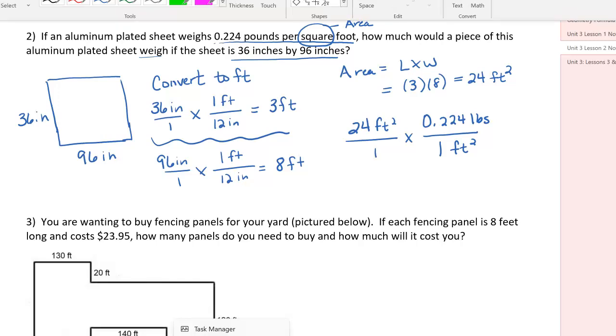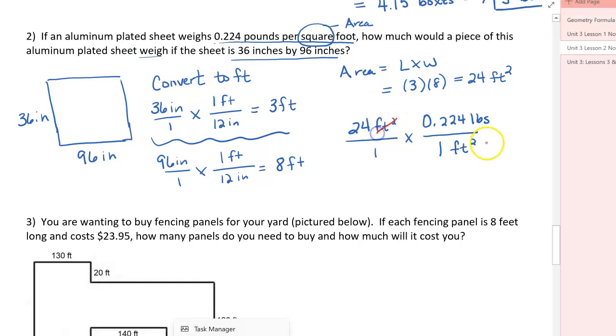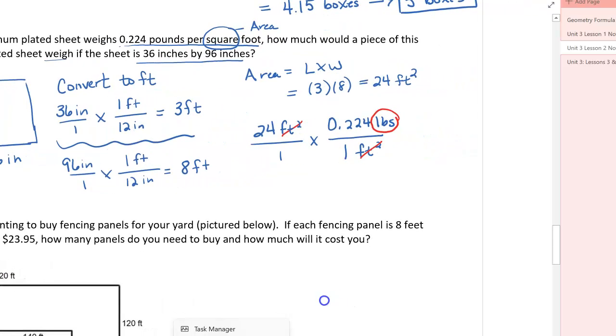When I do that, the feet squared will cancel, and I'll be left with pounds, which is a unit that measures weight. So to get the answer, you're going to do 24 times 0.224, and that will give you 5.376, and my units are pounds. I'm going to move on to the next example.